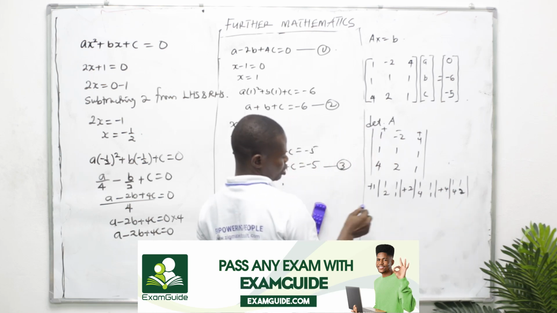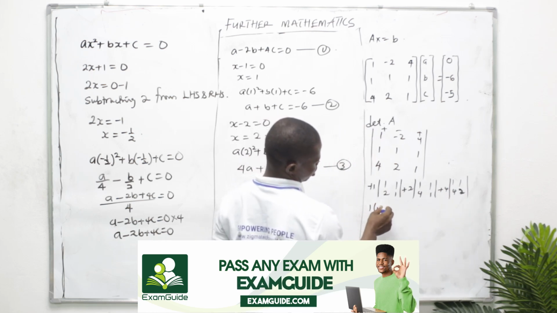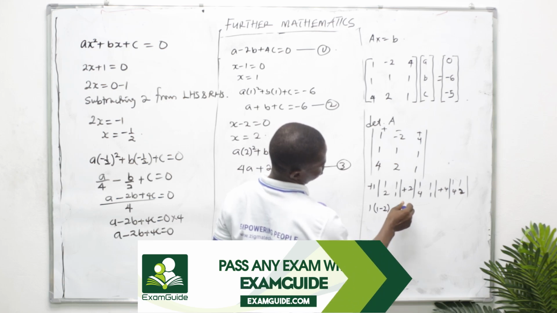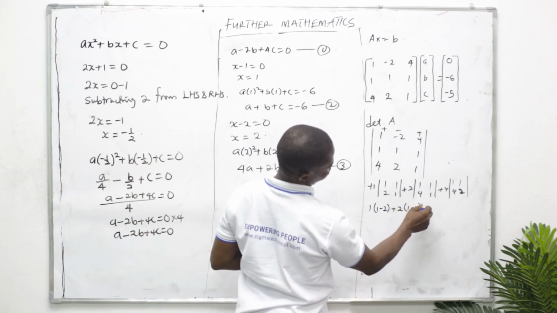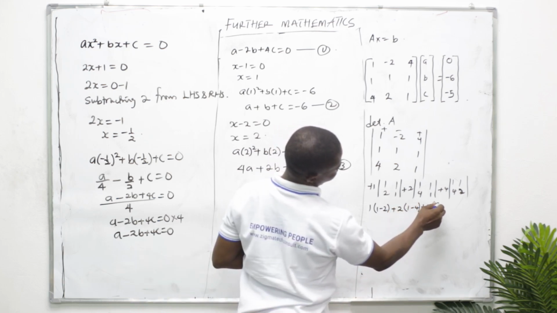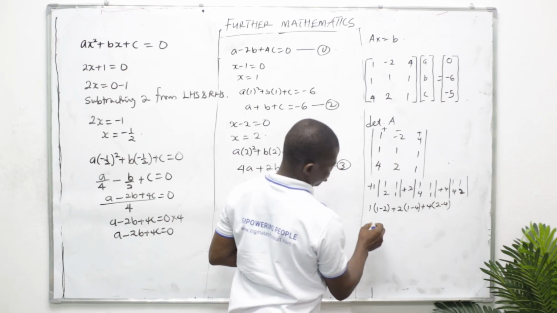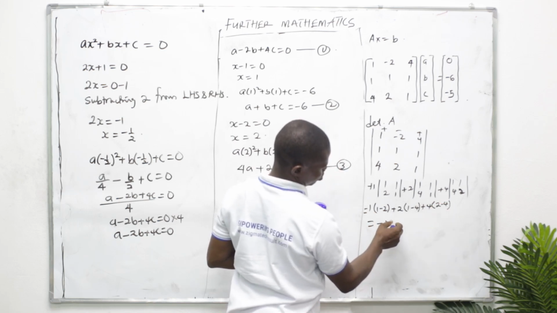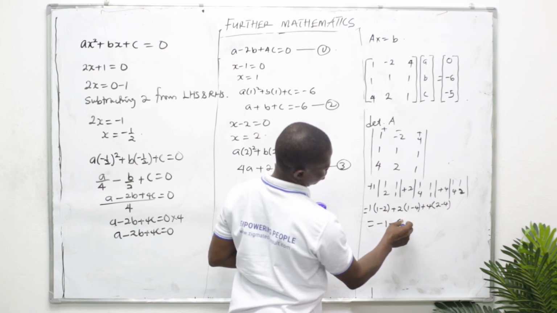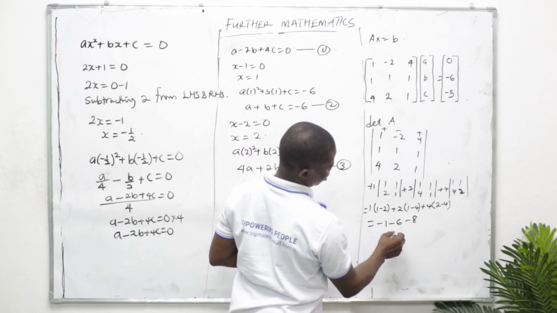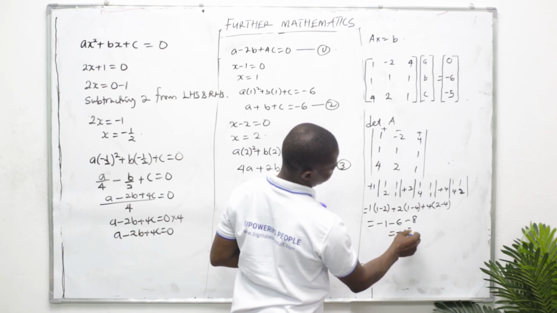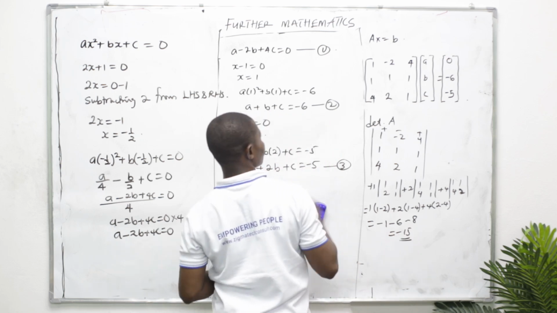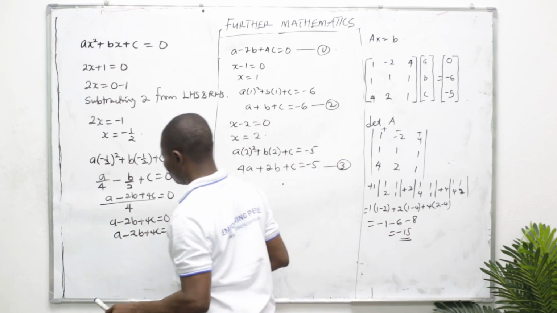So our determinant here is 1 into 1 minus 2, plus 2 into 1 minus 4, plus 4 into 2 minus 4, to give us minus 1, minus 6, minus 8 equals minus 15. So our determinant is minus 15.